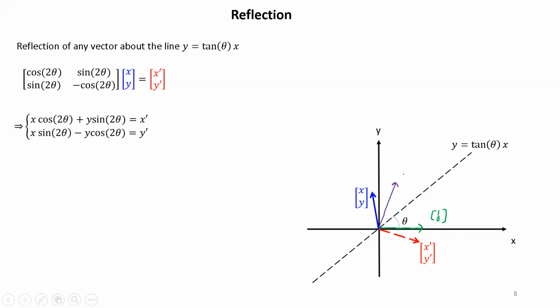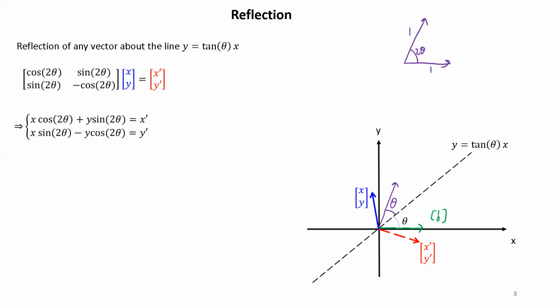The angle between this green vector and the dashed line is theta, and that's why after the reflection the angle between this purple vector and the dashed line is also theta. Let me draw it again: I start with this and end up with this, and the total angle here is 2 theta. The reflection does not change the magnitude of the vector, so I start with magnitude 1 and end up with magnitude 1.